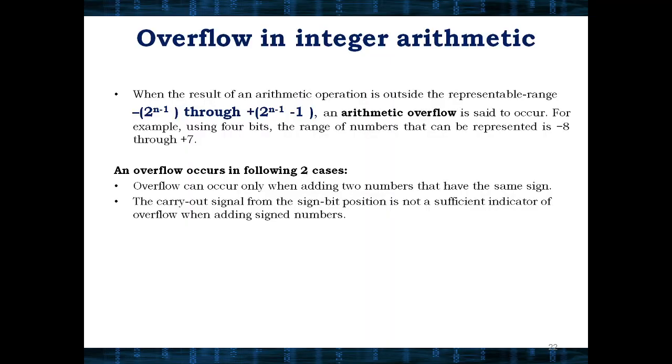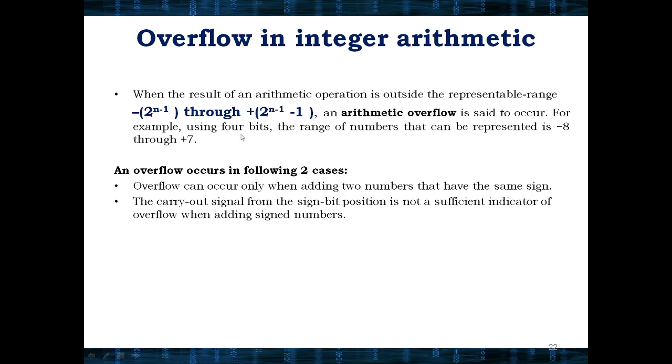So, overflow in integer arithmetic. When the result of an arithmetic operation is outside the representable range, that means minus 2 to the power n minus 1 through plus 2 to the power n minus 1 minus 1, an arithmetic overflow is said to occur.